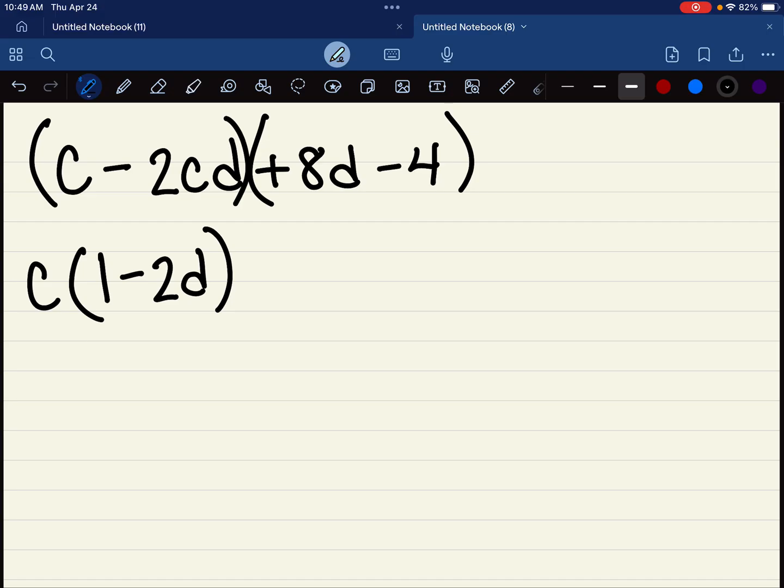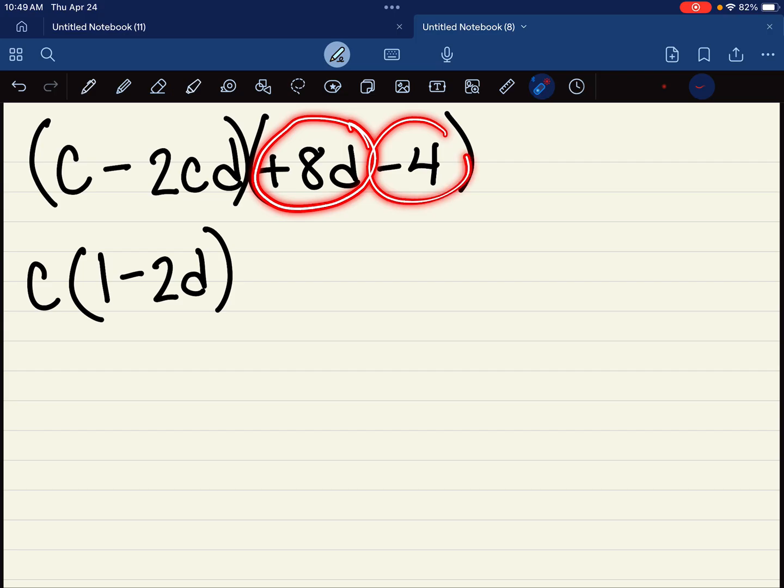Now, this one is a little tricky because here, where's my variable? In the first term or the second? Second, right? Where is it over here? In the first. So what I need is this to be negative 2D and this to be a positive 1. What do I need to divide by to get a negative here and a positive here?